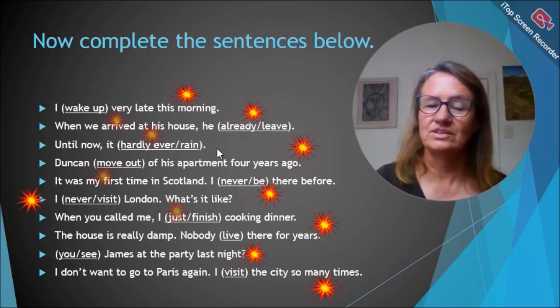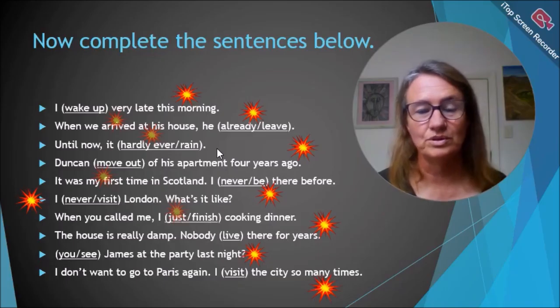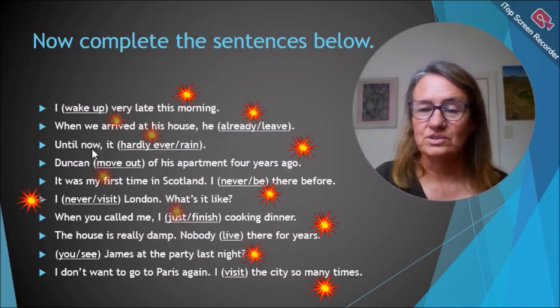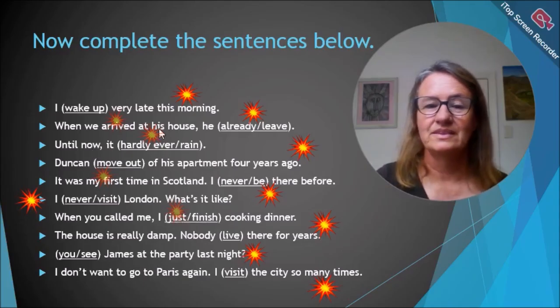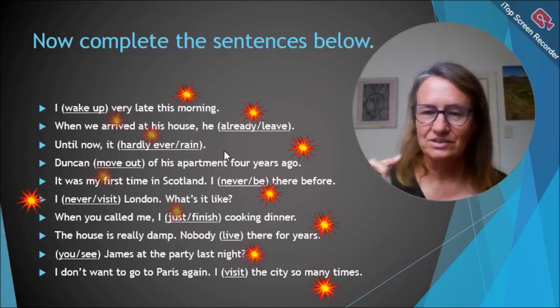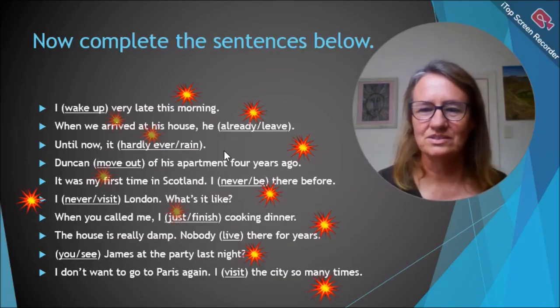So we know again, it's either going to be present perfect or past perfect. Which one? In the first part of our sentence, it says until now, the present. So therefore, this is going to be present perfect. Until now, it has hardly ever rained. Is it starting to come to you? Are you seeing the signal words?